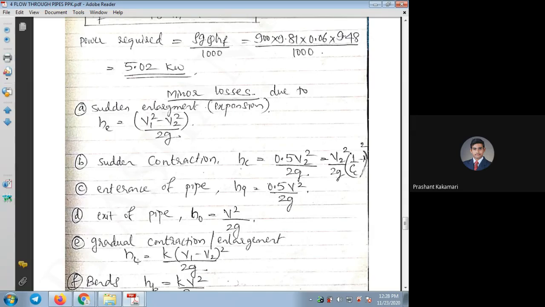There also we are assuming the flow is taking place like a sudden contraction itself. Why? Because in the big tank we are assuming zero velocity, with a large area. From that, the flow is entering through a small opening of the pipe with a small diameter. So that also resembles the sudden contraction in the pipe.